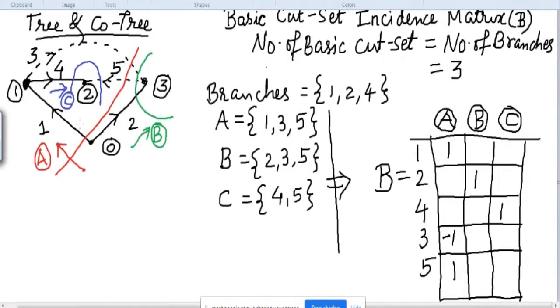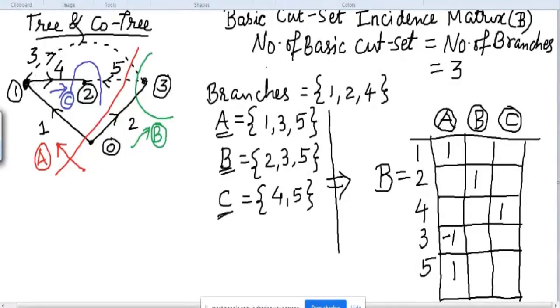Never do such things, because we have not cut 4, right? We have cut only 1, 3 and 5 in the case of the basic cut set A. We have cut 2, 3, 5 in the case of basic cut set B, and we have cut 4 and 5 in the case of basic cut set C. That's why I have written these sets, so that you will know which elements should be entered and which should not be entered.